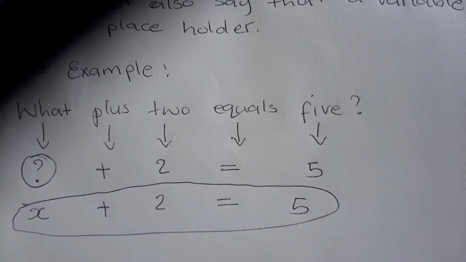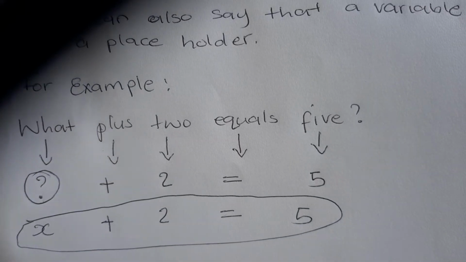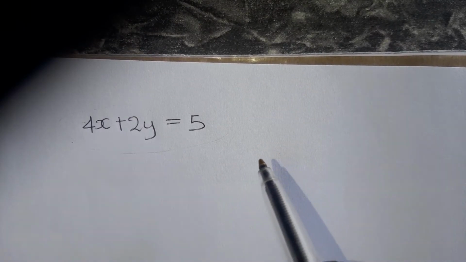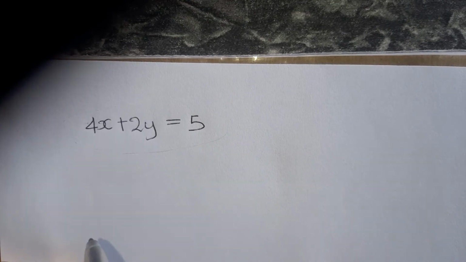So another example. Let me do another example. Let's say, for instance, we have 4x plus 2y equals 5. And then what's a variable here? A variable, as we defined it, is a symbol or alphabet that represents a quantity in mathematics that is unknown.